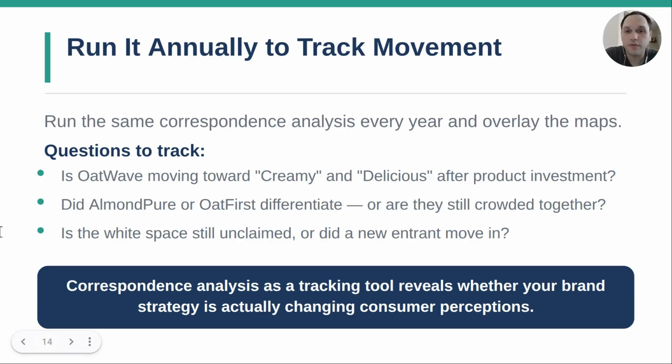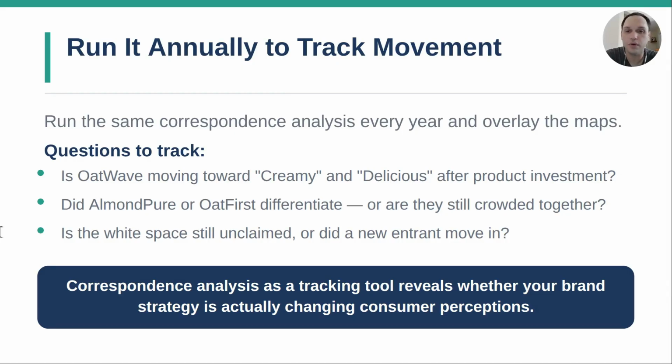One of the most powerful applications of correspondence analysis is running it on a regular cadence, typically annually, and overlaying the maps year over year. That comparison tells you whether your brand's position is actually moving. Did Oat Wave's investment in a creamier formula and new sensory messaging shift their position toward creamy and delicious?